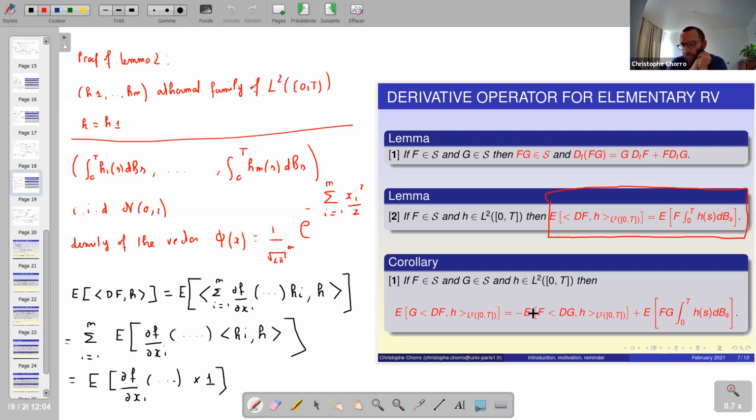So it will be enough for the derivative operator for elementary random variables. Now the question we are going to answer is: is it possible to extend in a good way the definition of the derivative operator for more general random variables? Okay, so it's the question I want to solve in the next slide.